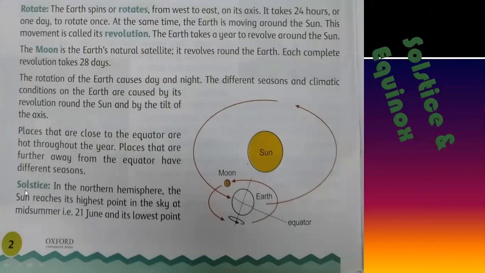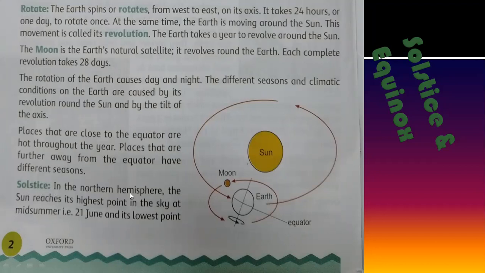Sols means sun and stit means stop or stationary. I hope you understood this word. I repeat, sols means the sun and stit means stop or stationary.